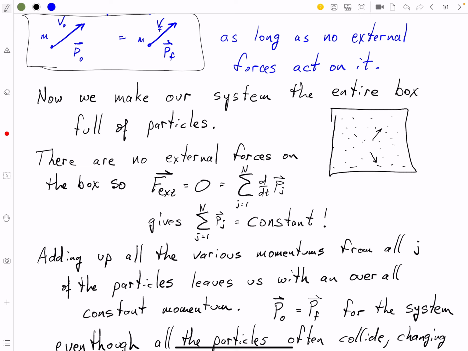So adding up all these various momentums from all the j particles that there could be in there, all the way from j equals 1 to n, leaves us with an overall constant momentum. So that's our overall constant momentum.